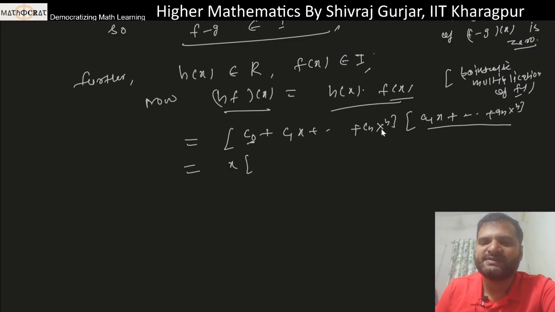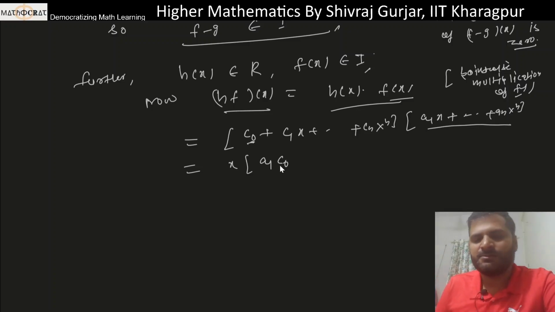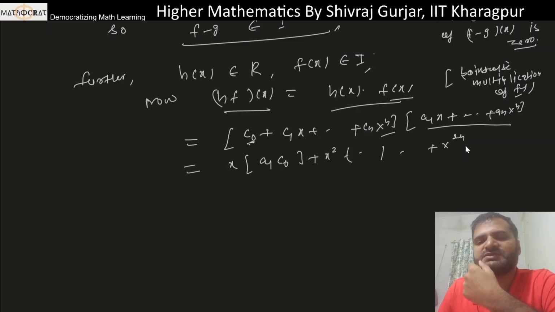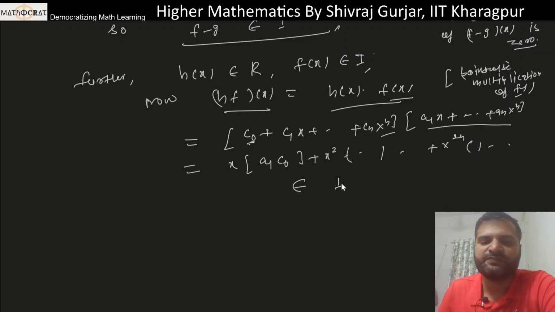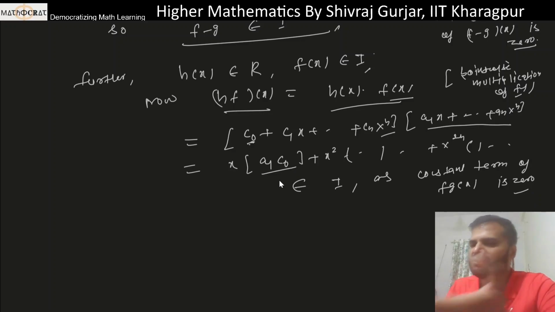We can say that look, in the coefficient of x what will come: a1 will come from here, a1 c0. We can put c0 before or a1 later on as we please, because this is a commutative operation. Polynomial multiplication or constant multiplication or multiplication of elements of R is commutative. Okay. And where else will we get the coefficient of x? We got it from here, and from nowhere else. And x squared and so on, x power n times x power n becomes x power 2n, and the coefficients keep going like this. So then again this belongs to I, as the constant term of f g(x) is 0. And all these coefficients are in the real number system.